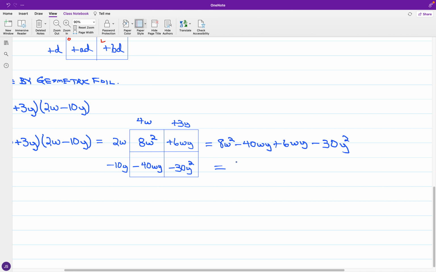So you have 8W squared, the only term exclusively in W squared. Now the middle two terms are first degree in both W and Y. So we have negative 40 plus 6 WY, so this will be minus 34WY. And we have minus 30Y squared.